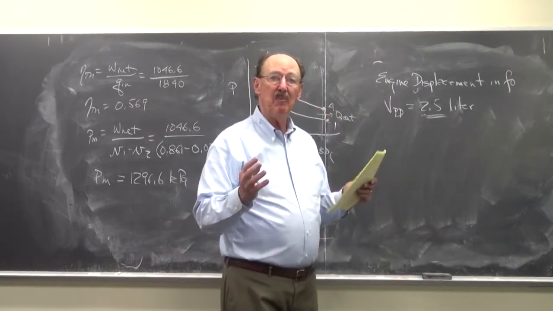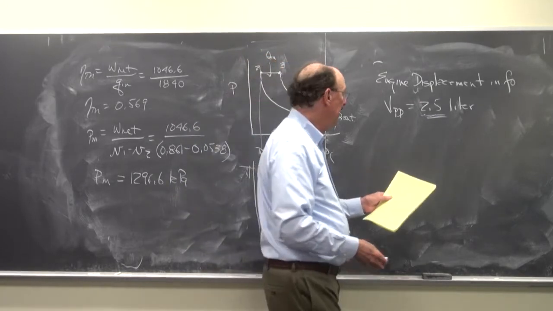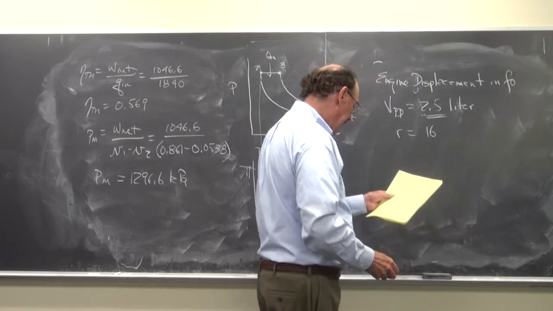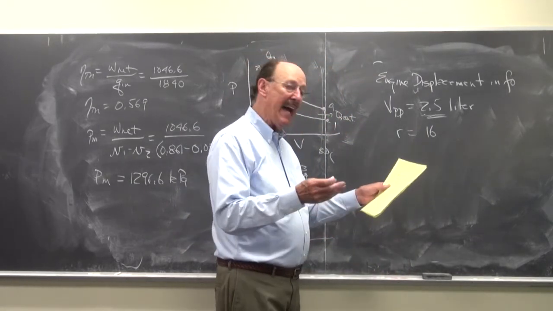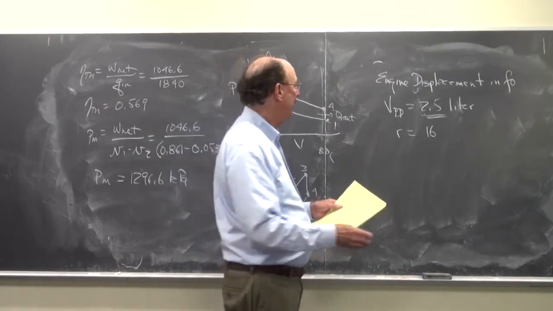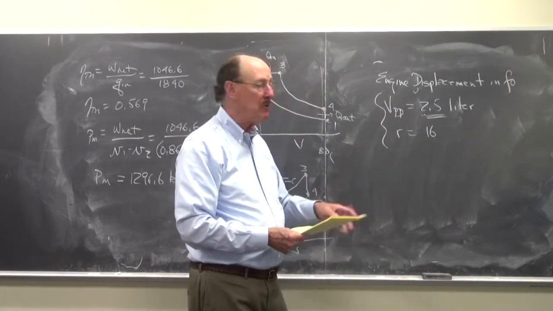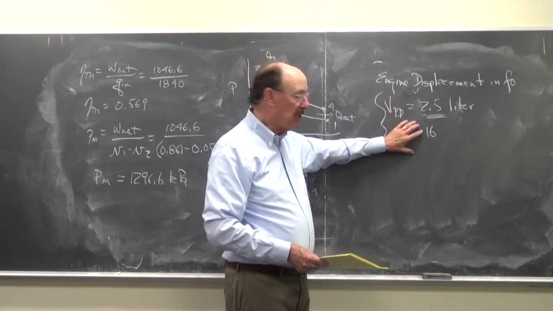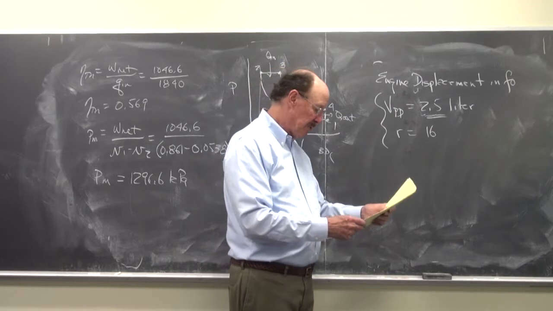So that's the sum of all the pistons, the displacement volume from all the pistons. And we had that R is 16. And let's see if we can find the heat added per cycle. Last time with the Otto cycle, we had bore and stroke. Here we're going to start off with piston displacement, V sub PD, and the compression ratio, both of which are known.